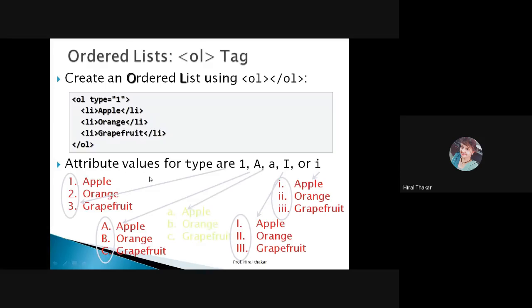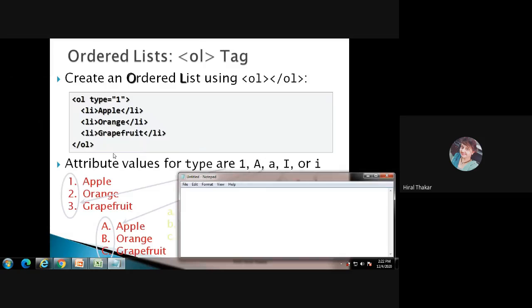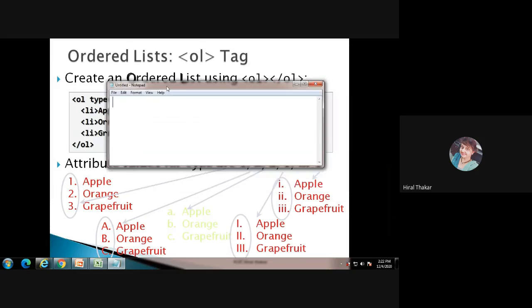So the attribute values for type are 1, capital A, small a, and so on. So this is ordered list. One more attribute is there, start. Let me do it practically. I will write a small example and explain it to you.